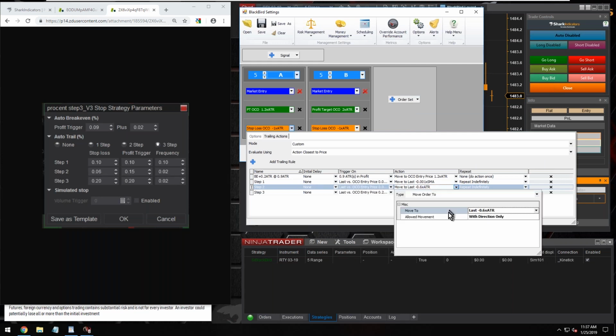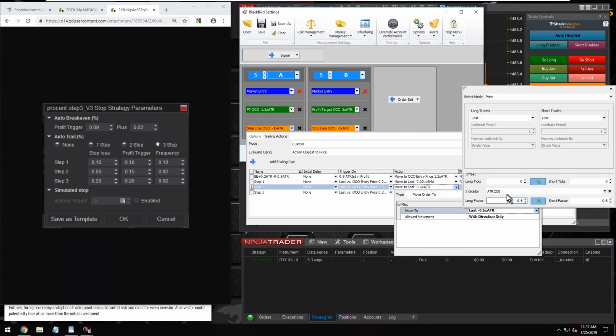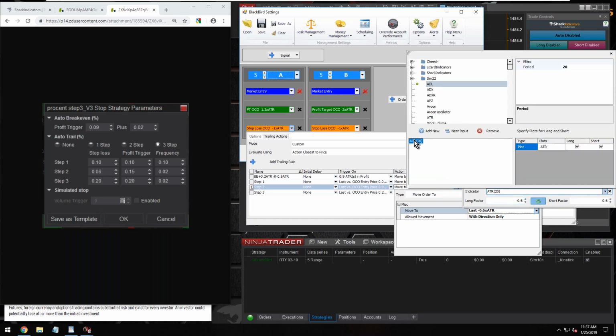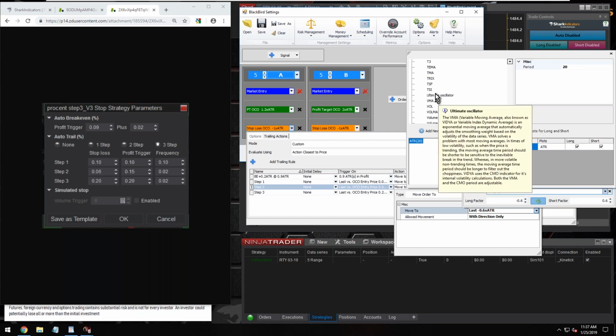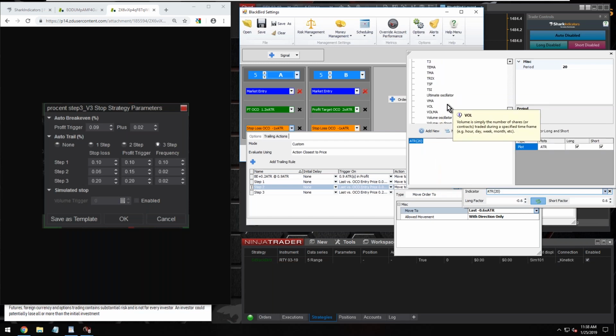Okay, step 2, the stop loss is 0.06%. All right, so let's go and make that adjustment. So let's replace the ATR with the SMA. Okay, an SMA with 1 period.